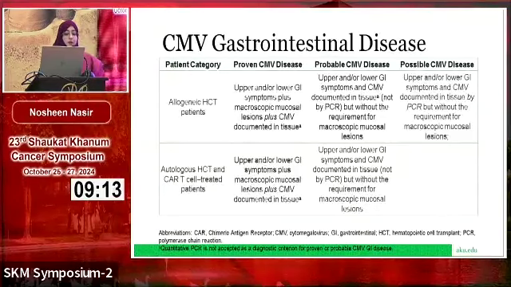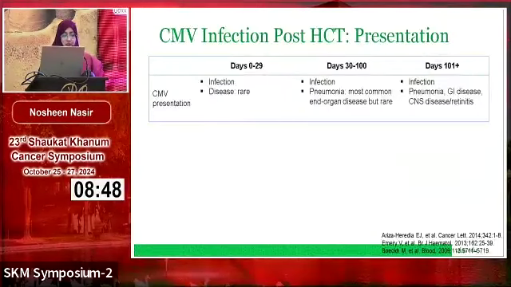You call it probable if you have the symptoms and the virus detected in the tissue biopsy from any method other than PCR, but without the macroscopic mucosal lesions, and possible if you have the signs and symptoms and you have tissue diagnosis PCR based. And for autologous, it's the same criteria.